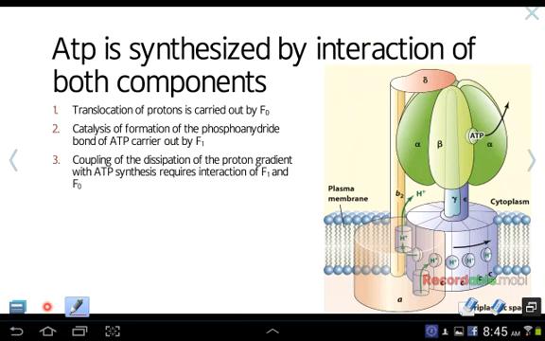So ATP is synthesized by the interaction of both of these FO and F1 components. Translocation of protons is carried out by the FO, while catalysis of formation of the phosphoanhydride bond of ATP is carried out by F1. Coupling of the dissipation of the proton gradient with ATP synthesis requires interaction between the F1 and the FO.